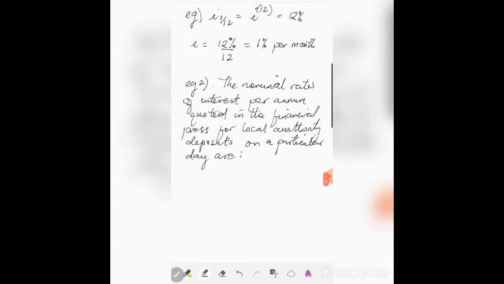On a particular day we have the term, then we have the nominal rate of interest denoted by the percentage.